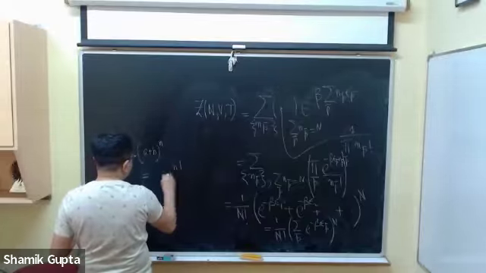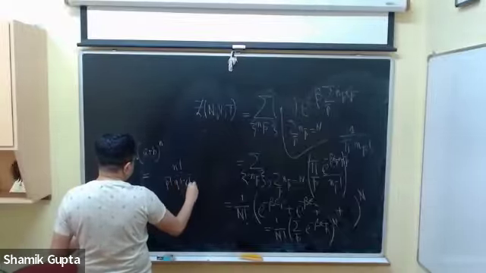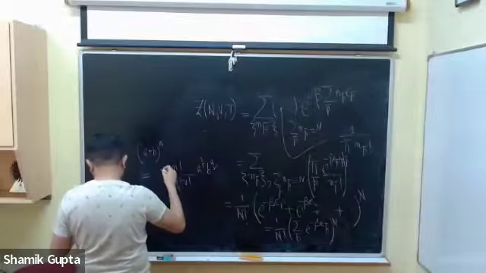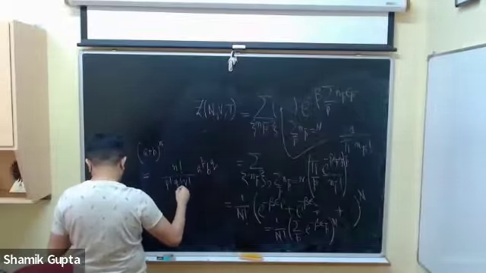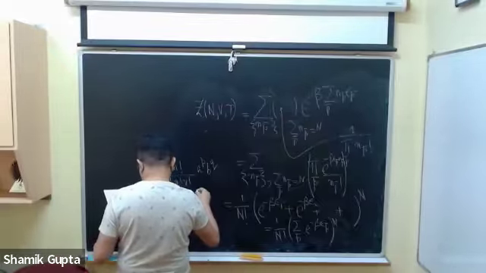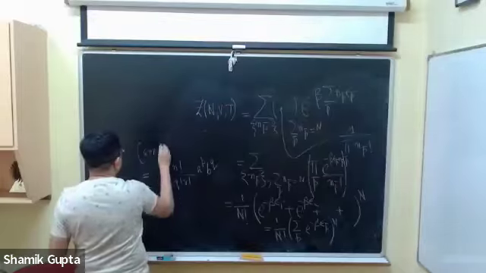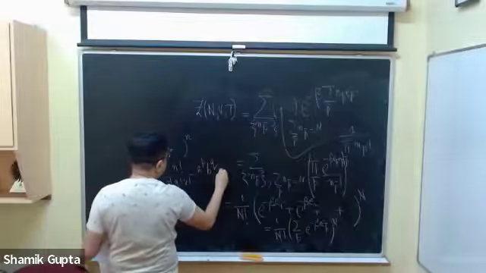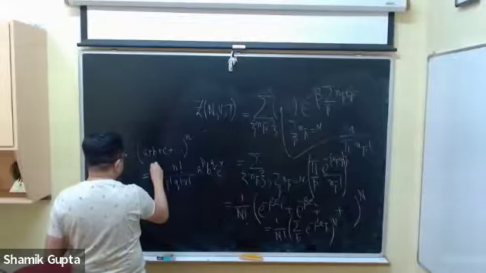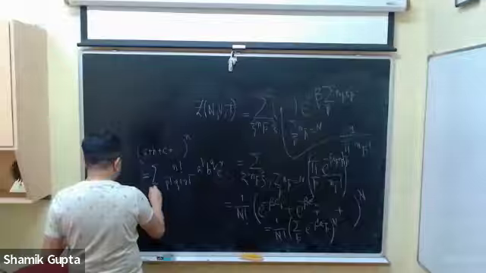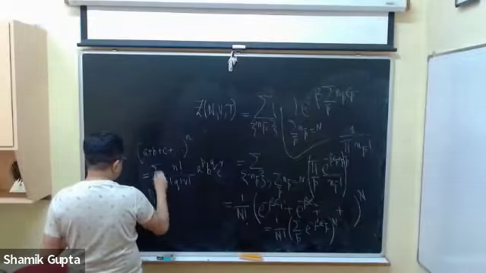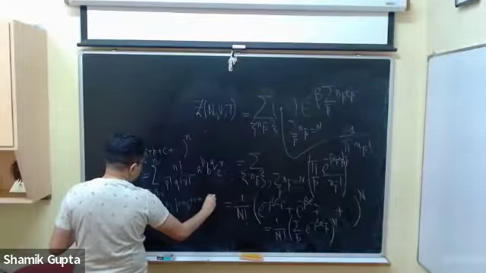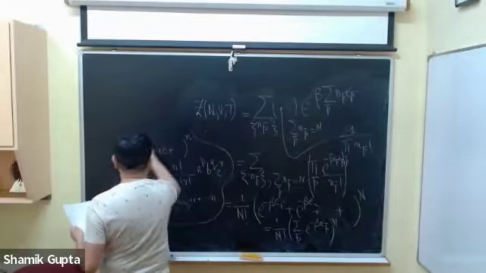It would be N factorial by p factorial, q factorial, r factorial, dot dot dot, of a to the power p, b to the power q, c to the power r, all the way, summed over all possible values of p, q, r going from 0 to N, with the constraint that p plus q plus r plus dot dot dot is equal to N. This is the binomial expansion.